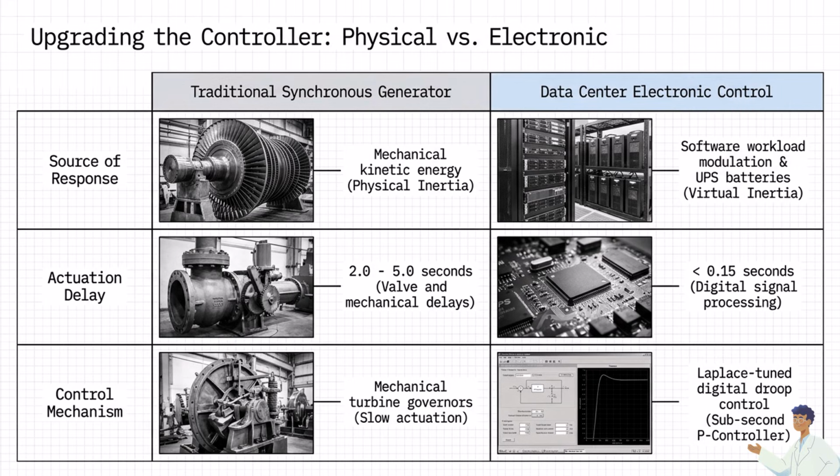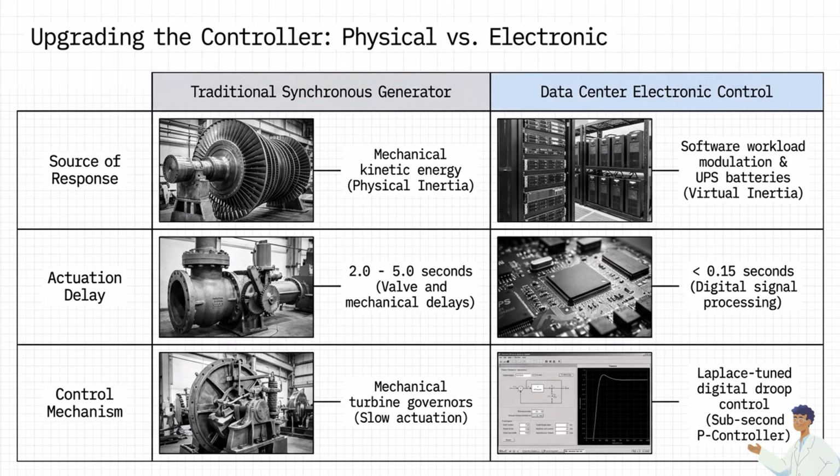Upgrading the controller: physical versus electronic. Let's compare the old controller method with our proposed electronic method. Traditionally, grid frequency was controlled by the mechanical kinetic energy of synchronous generators.